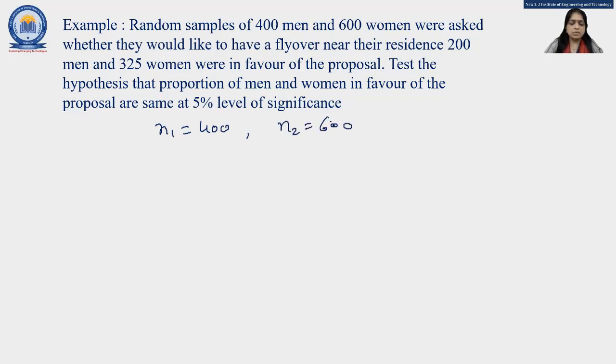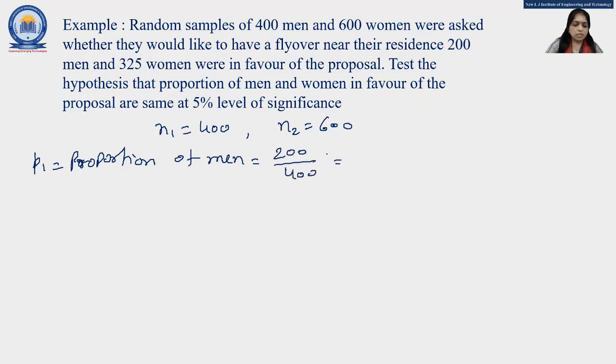Okay. Now P1. P1 is the proportion of men which are in favor of the flyover, and that is 200 by 400, and it is 0.5.